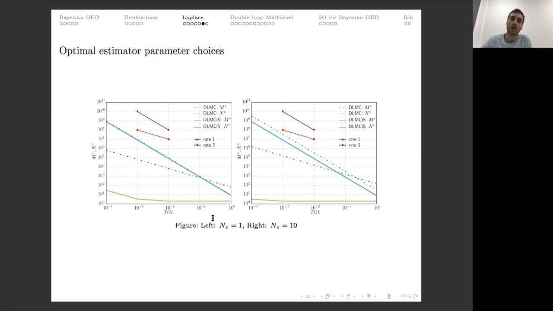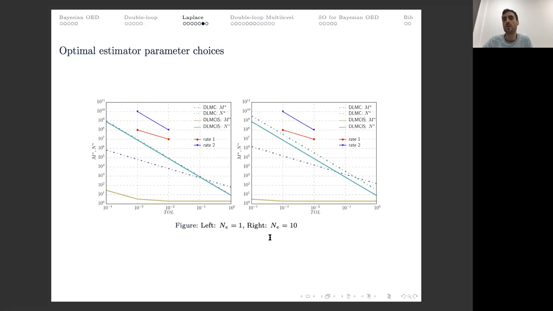Here on the left, I show you the optimal N and M for one experiment, and on the right for 10 experiments. So you see that N grows with tau to the minus 2, M grows with tau to the minus 1, but with importance sampling, it doesn't grow up to tau to the minus 2, and here tau to the minus 3.